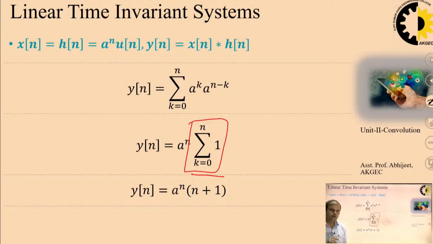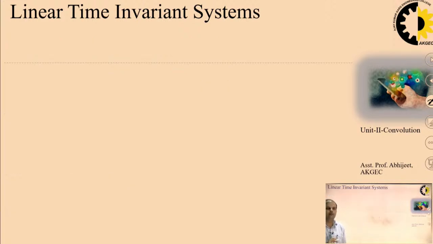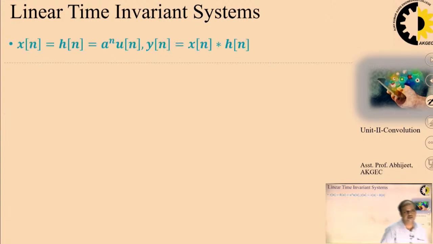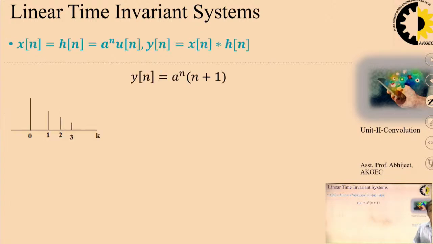In order to understand that, we should go a little bit to the graphical interpretation. While computing the graphical interpretation of this signal, first of all we will understand that the convolution took place for x of k and h of n minus k.